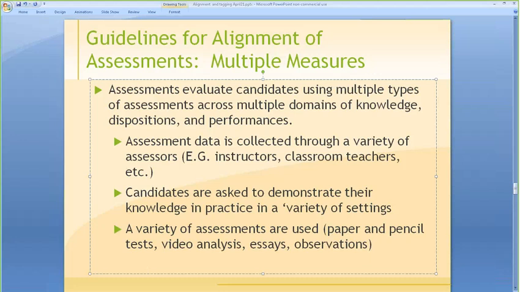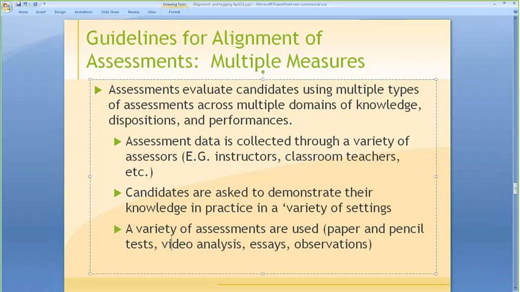We all know this. But some of the ways that multiple assessments can be provided are in terms of who the assessment data is collected through. If you have your instructors in a course, your university or college supervisors, classroom teachers, perhaps even a candidate self-assessment, all of these would be another measure from a different perspective.